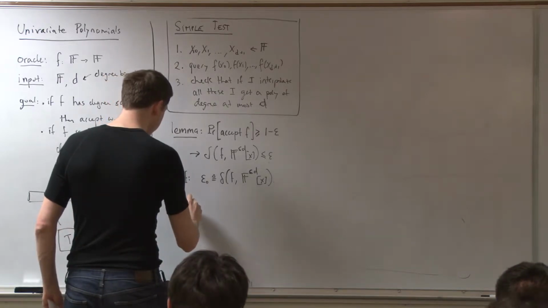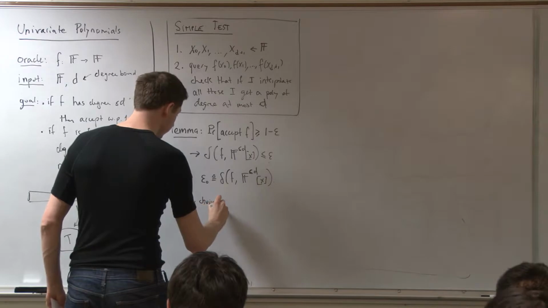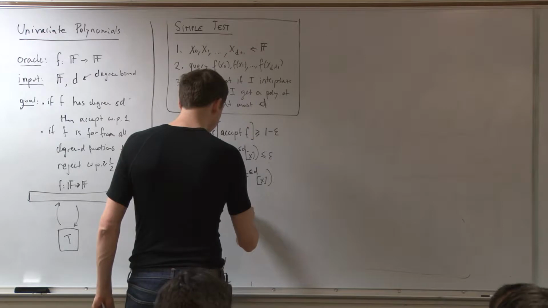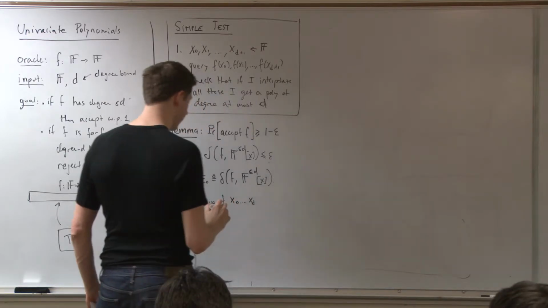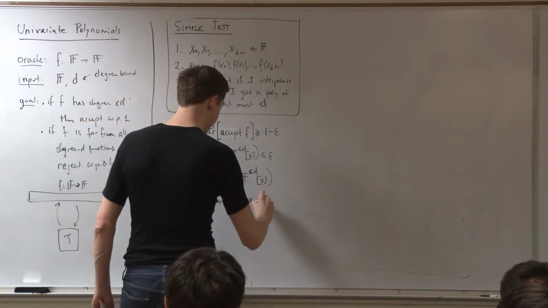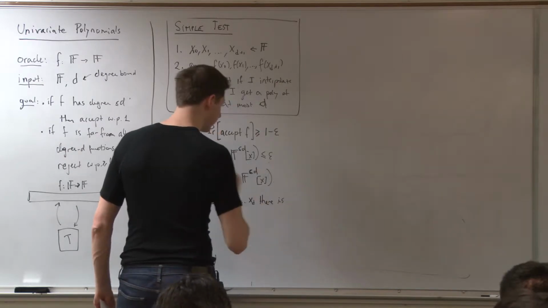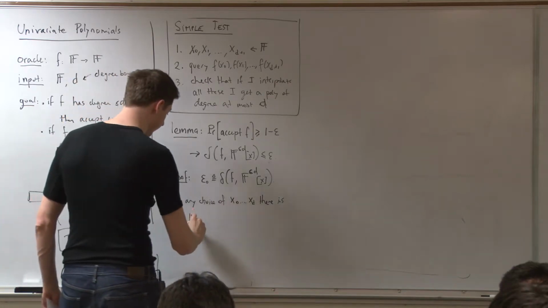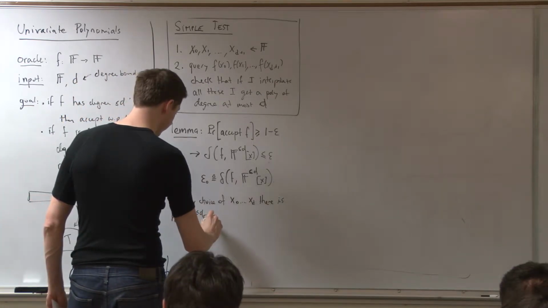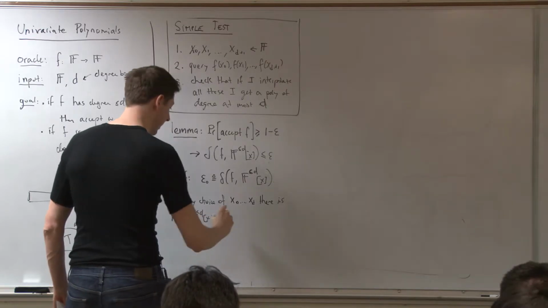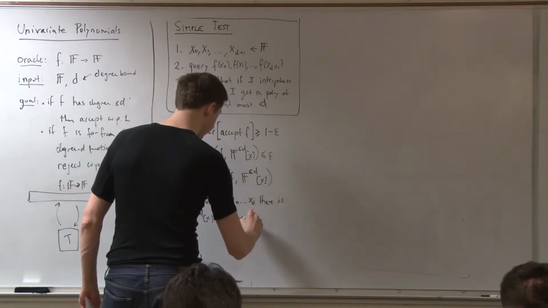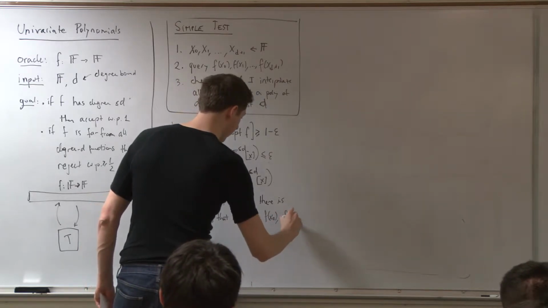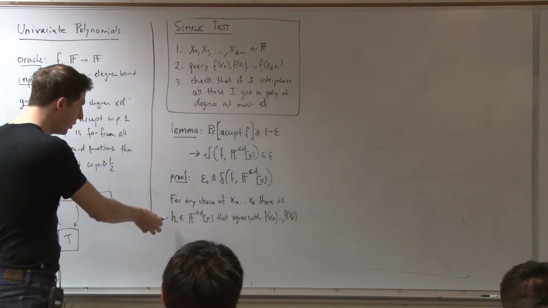Now, for any choice of x0 through xd, the first d plus 1 points, there is some polynomial h that agrees with the values f of x0 and so on, just by interpolation. That's whatever we were saying earlier.